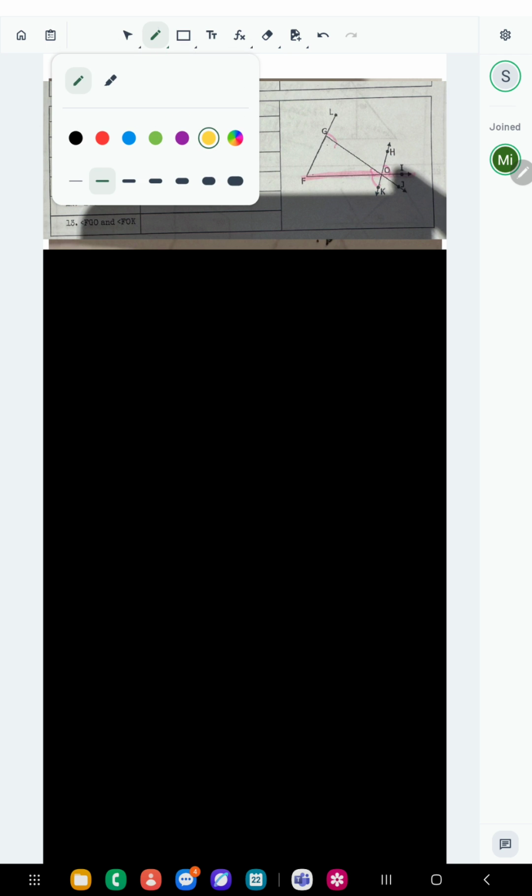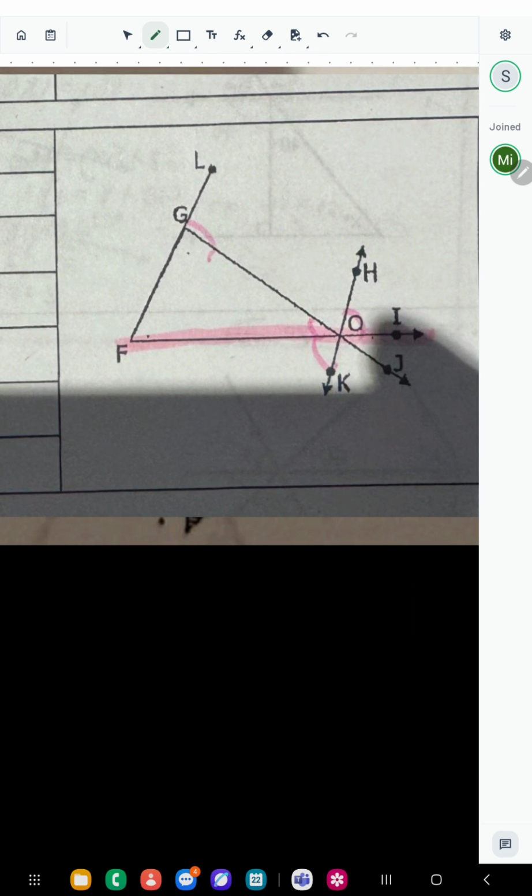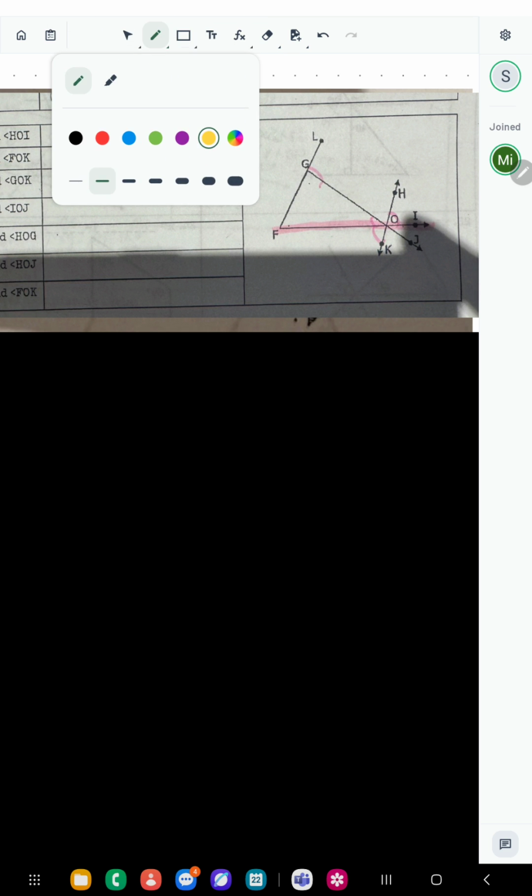All right, so let's start with this. We're given that image. It doesn't have instruction about the image, because this is not parallel lines and transversal. So, angle GFO and angle HOI.